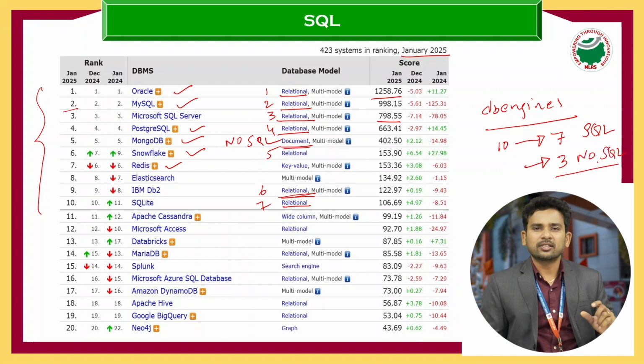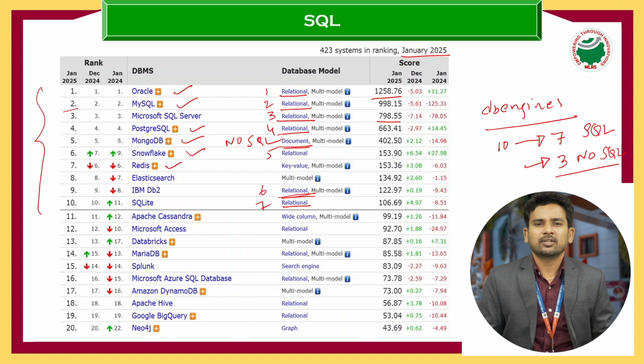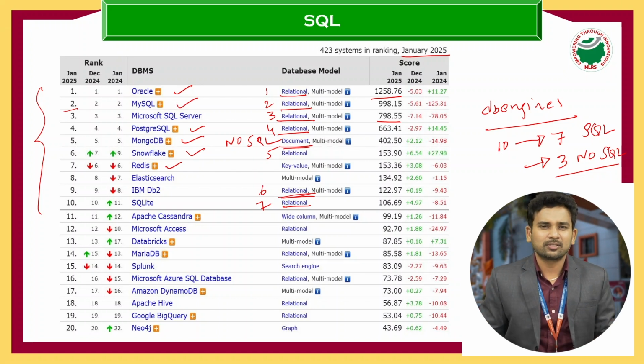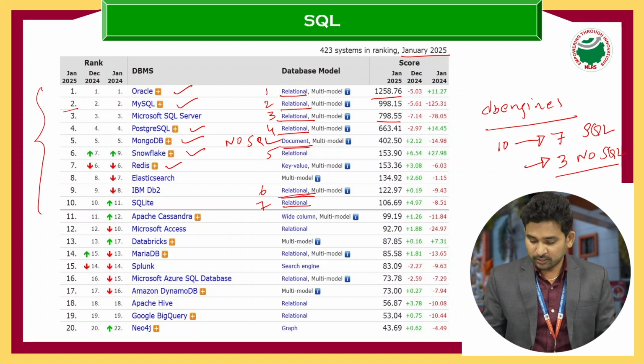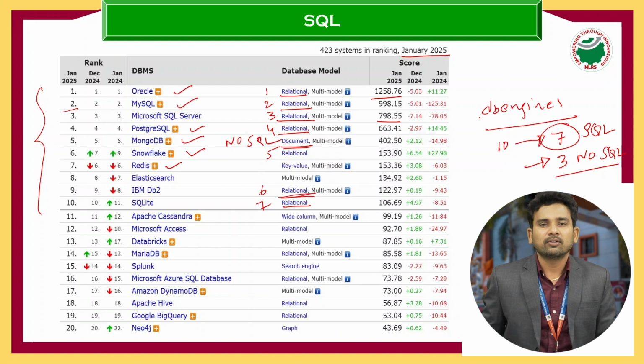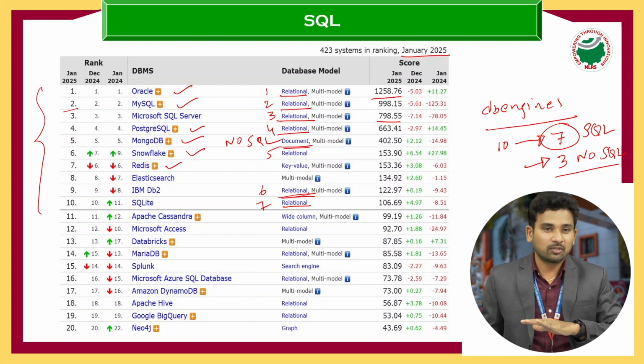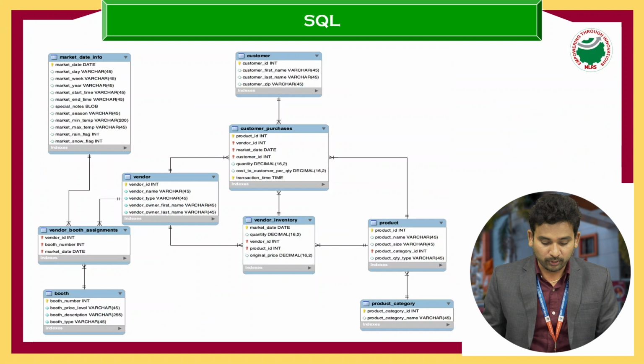So 70% of the industries are following SQL databases only, and only 30% are following this unstructured data, NoSQL. Maybe in future it may increase, but right now around 70% of the market is going to SQL. So SQL still has a lot of market. It may take some time to reach the saturation point.